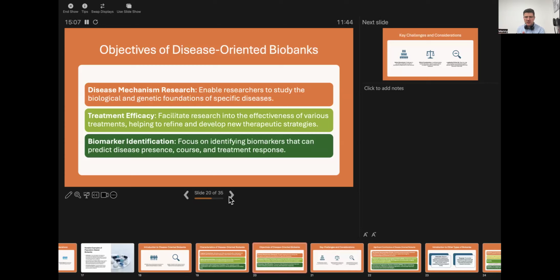We want to facilitate, for instance, the effectiveness of various treatments, or we want to identify biomarkers that can predict disease presence, etc. What's a biomarker? Very good. Yeah, that's a very good definition.